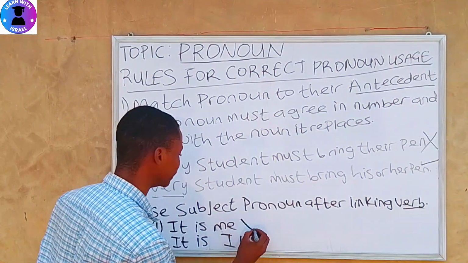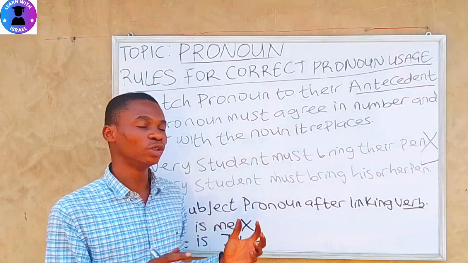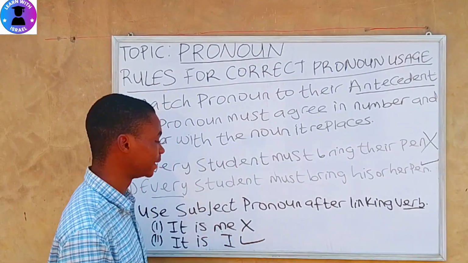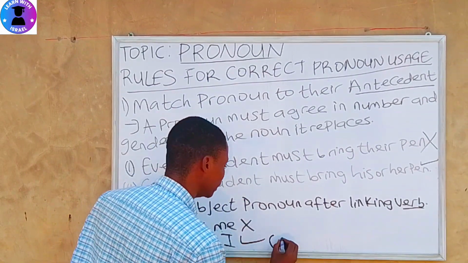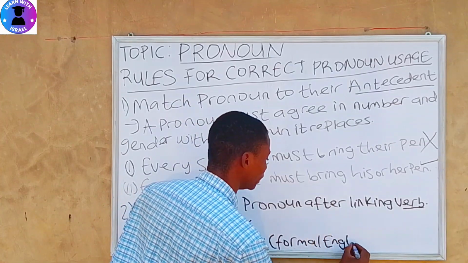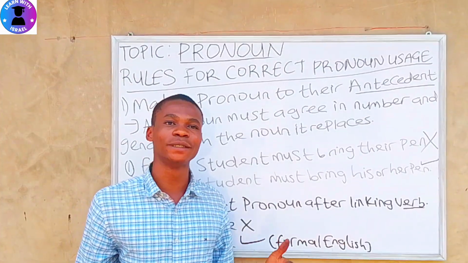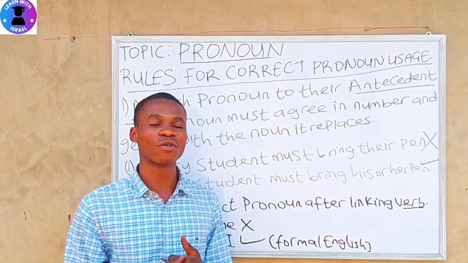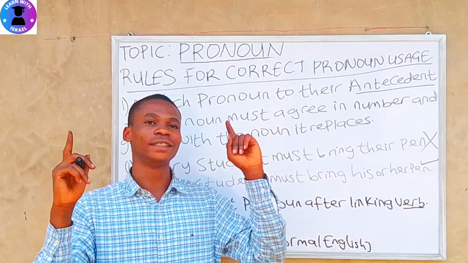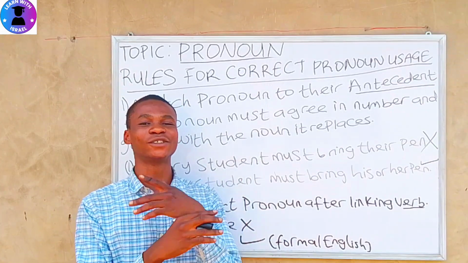It is wrong to say it is me. A lot of textbooks, a lot of people use it is me. It is I is the correct answer and it is the formal English. For example, maybe they ask a question in the class, who answered the question? A lot of people will say it is me. But it is me is wrong.